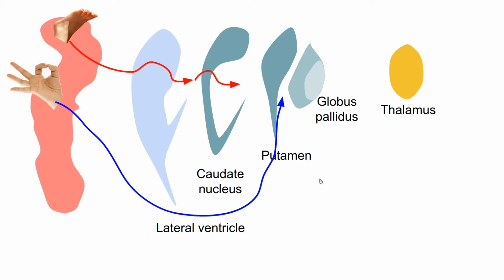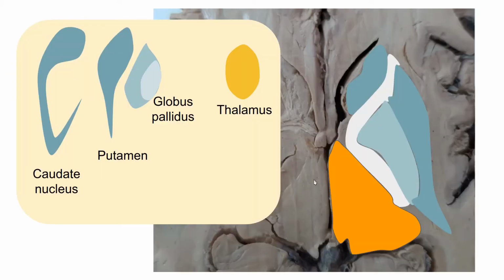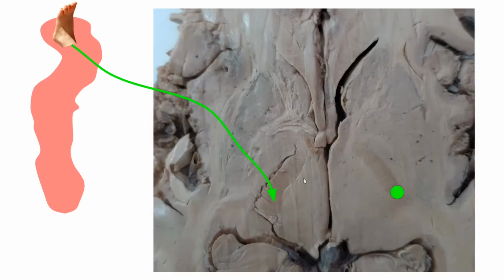Now superimposing this on an axially cut brain specimen, this is the anterior limb and this is the posterior limb of the internal capsule. You see here the internal capsule, which closely resembles the cerebral peduncles.